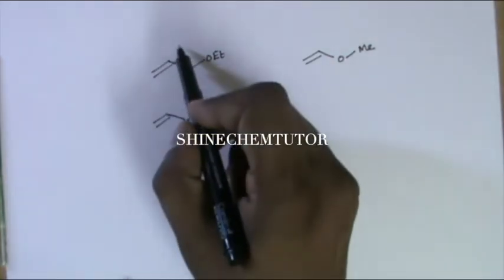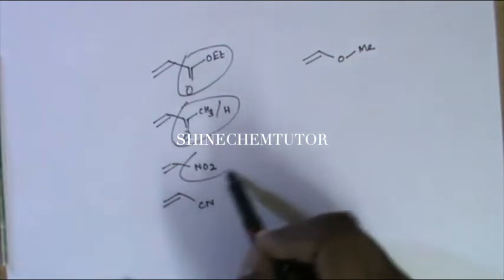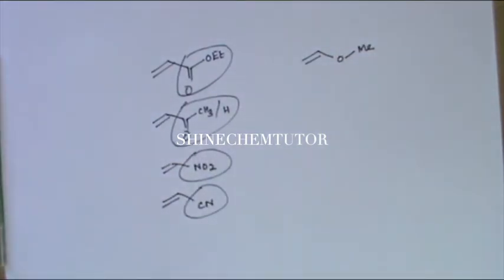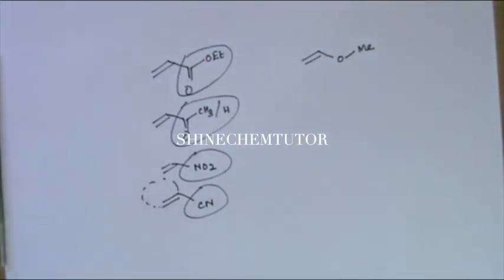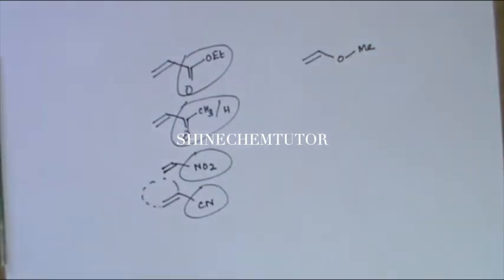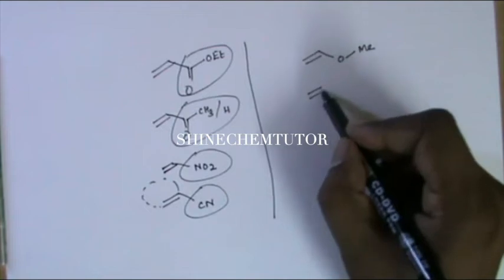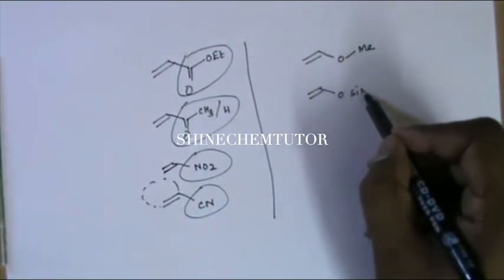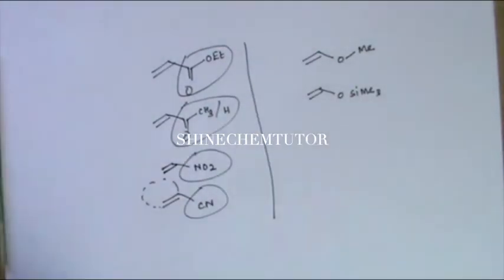If you see all these groups, we have already come across them in the earlier slide. There it was in an aromatic ring, so this double bond was like this in a ring: benzonitrile, nitrobenzene. But now I have taken only the double bond. It is not an aromatic ring. So these groups, and we also have vinyl ether. Vinyl methyl ether, here we call it silyl enol ether.